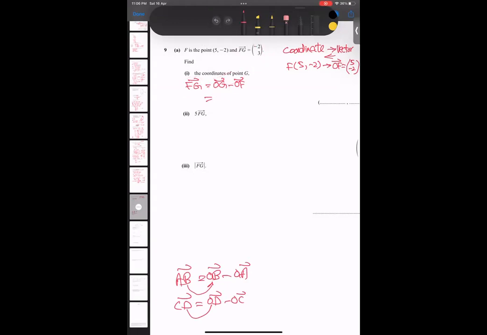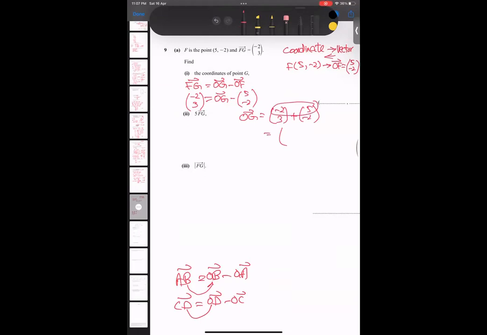FG is given here, so I'm writing -2, 3. OG is my target, and OF is given as 5, -2. This will go here and add. So OG becomes -2 and 3 plus 5 and -2.